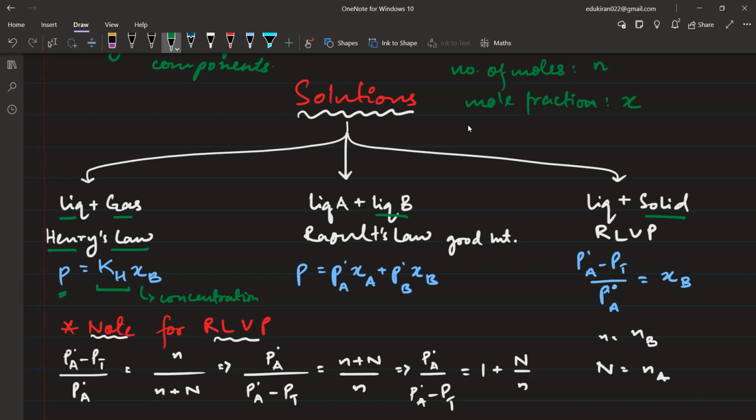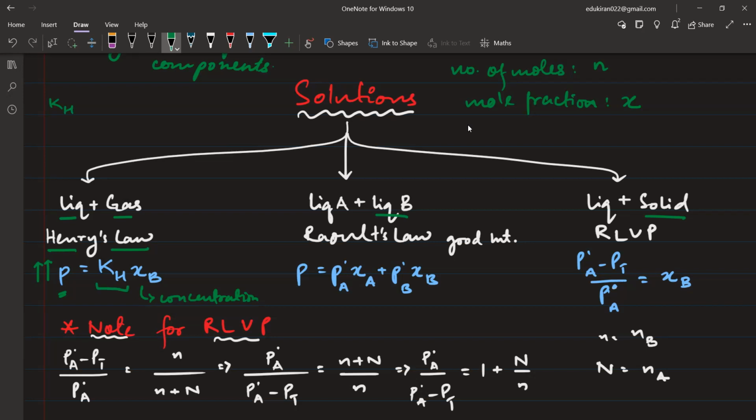Now, please see, if my solution is having a very high partial pressure, and I'm taking another solution which has the same mole fraction but has low partial pressure, that means the reason why the partial pressure is increasing is KH. If KH increases, partial pressure increases.